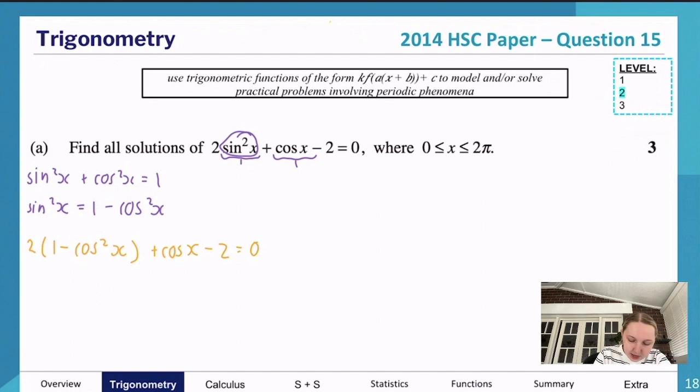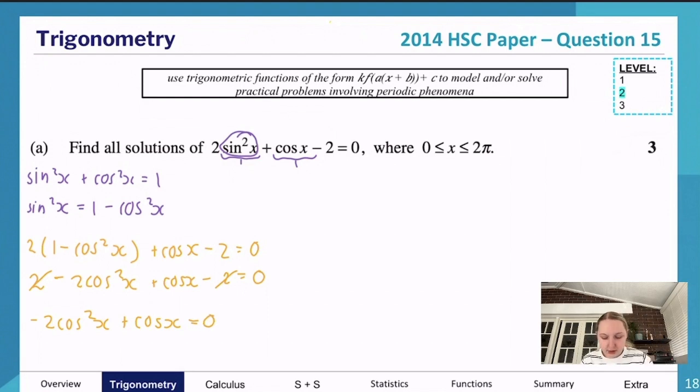Okay, so if we expand that, 2 minus 2 cos squared x plus cos x minus 2 equals 0. And then these will cancel each other out. And then we get minus 2 cos squared x plus cos x is equal to 0.